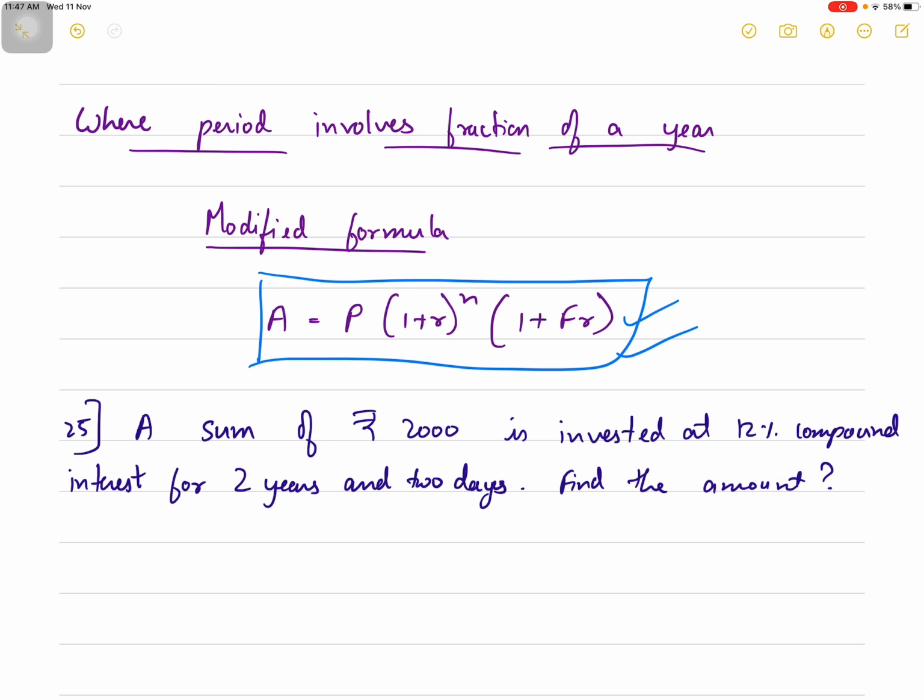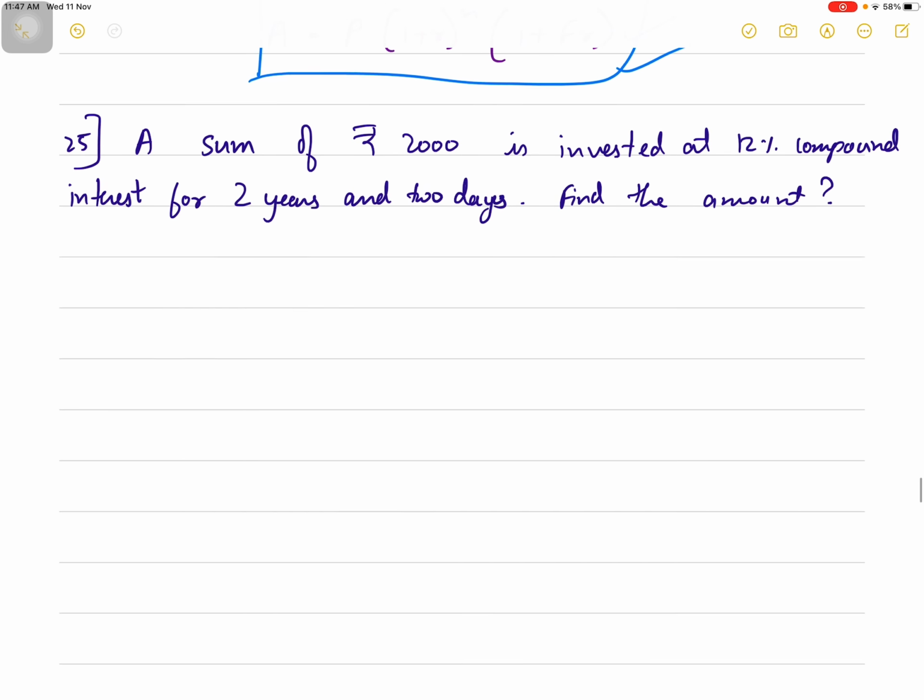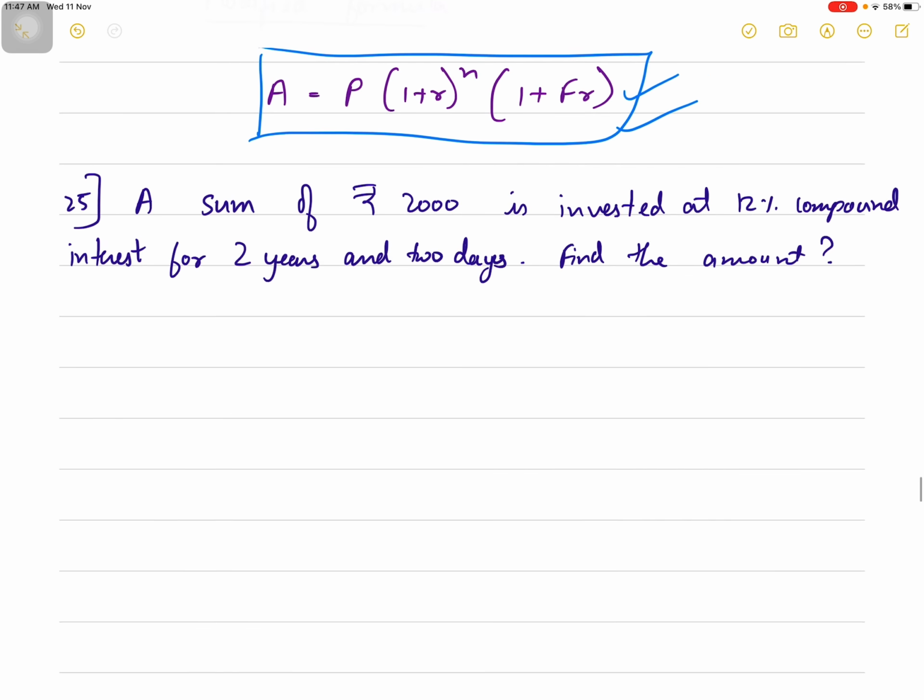Okay, let's solve the first problem. A sum of 2000 is invested at 12% compound interest for 2 years and 2 days. So this 2 days is a fraction of a year. Find the amount. Now principal is 2000 because 2000 is getting invested.